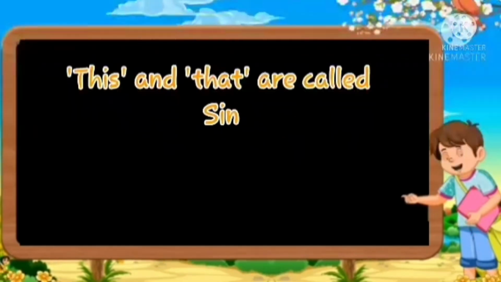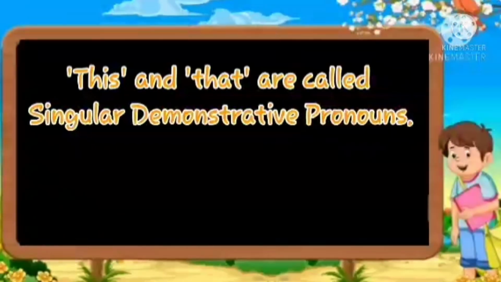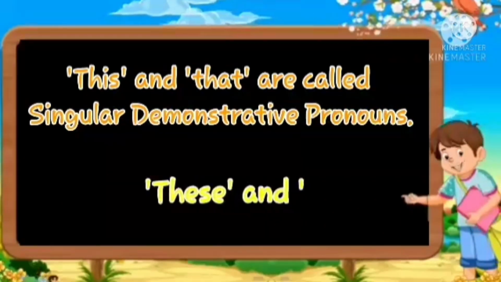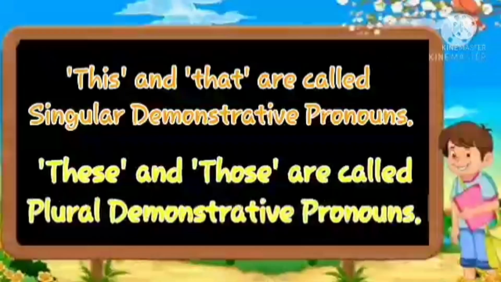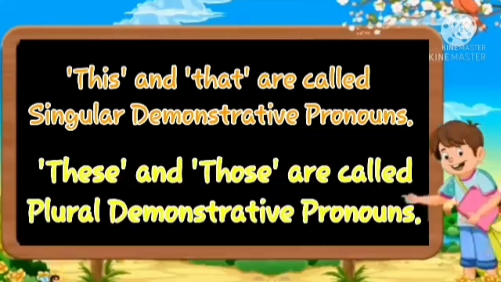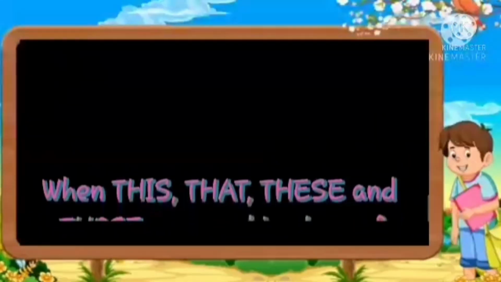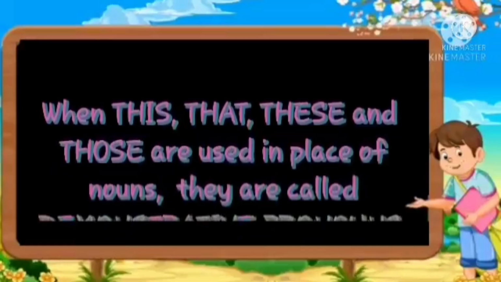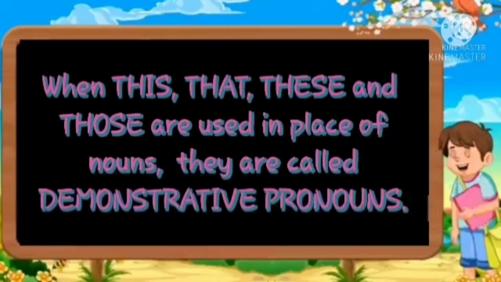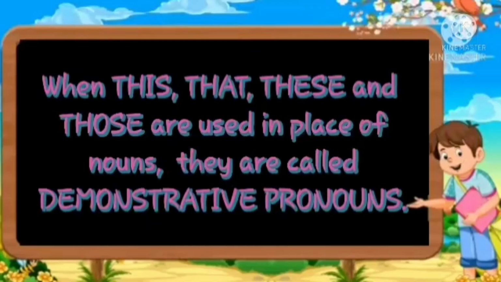So what we have seen, that this and that refer to the singular demonstrative pronouns and these and those are called the plural demonstrative pronouns. When this, that, these and those are used in place of nouns, they are called the demonstrative pronouns.